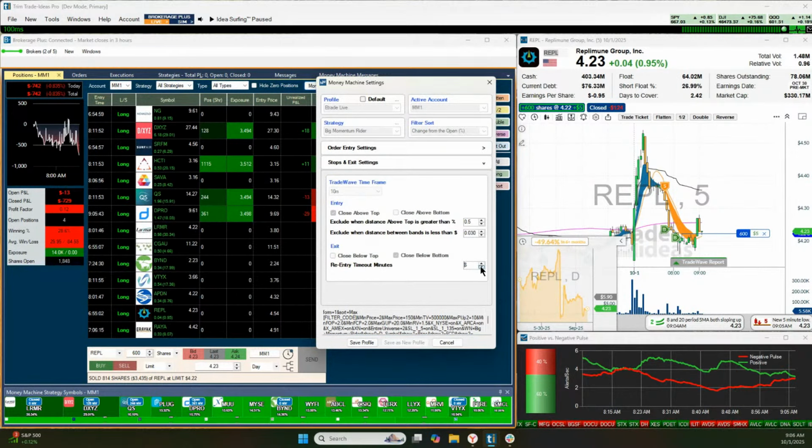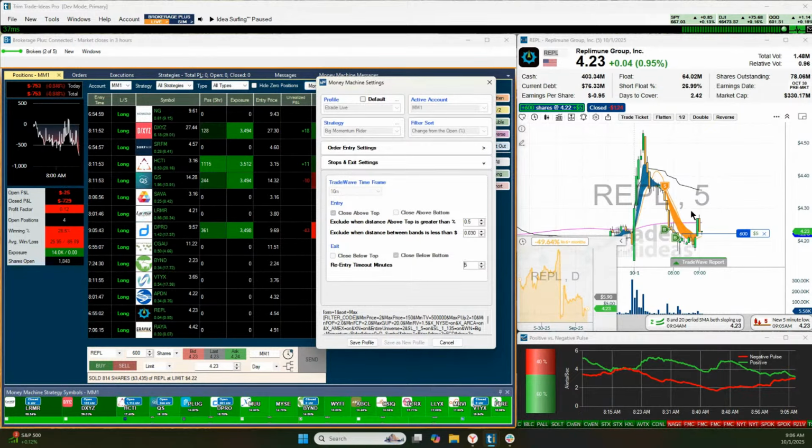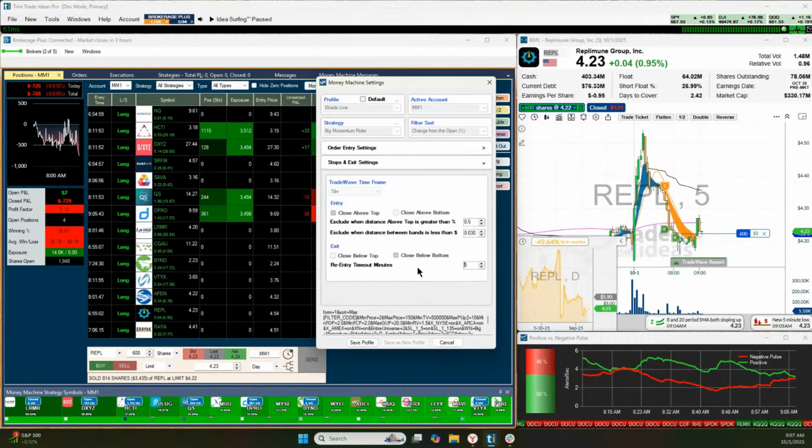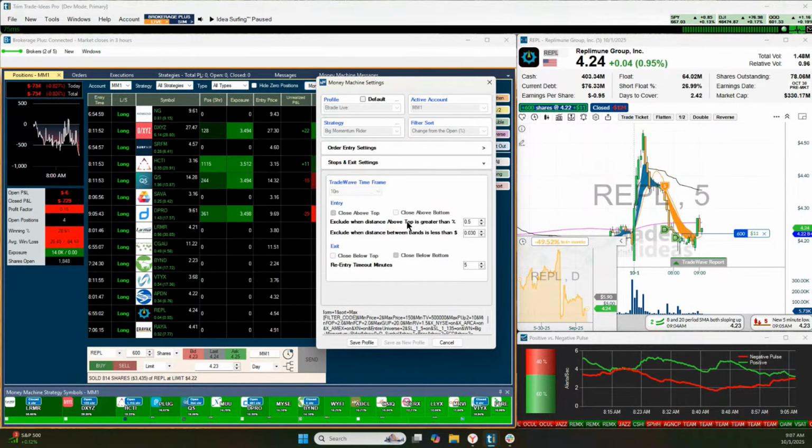So I would set that to 5, because sometimes you can have these things pull back hard and then just reverse and go in the right direction. So that's what you want to do. Okay. So 5, exclude when distance above top is greater than. I think by default it's 3, but I think 0.5 is the right way.